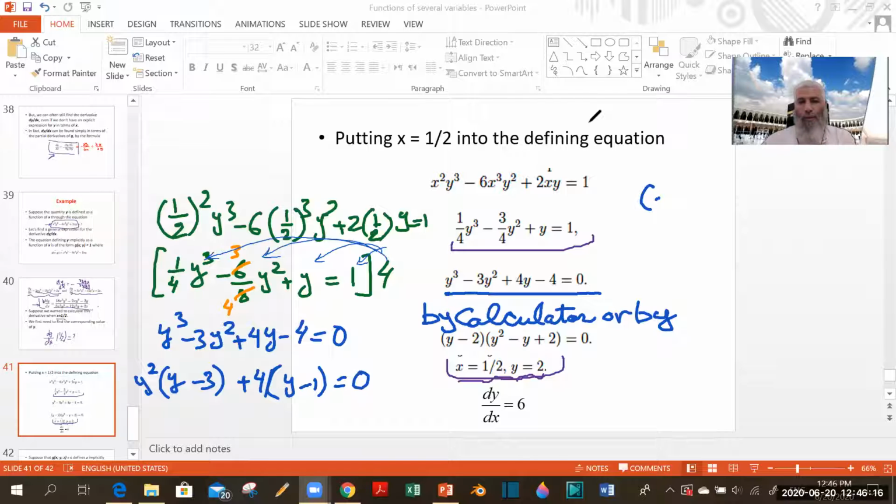We can revise the rule of factoring a cubic function, but the factoring of a cubic equation is not that easy.